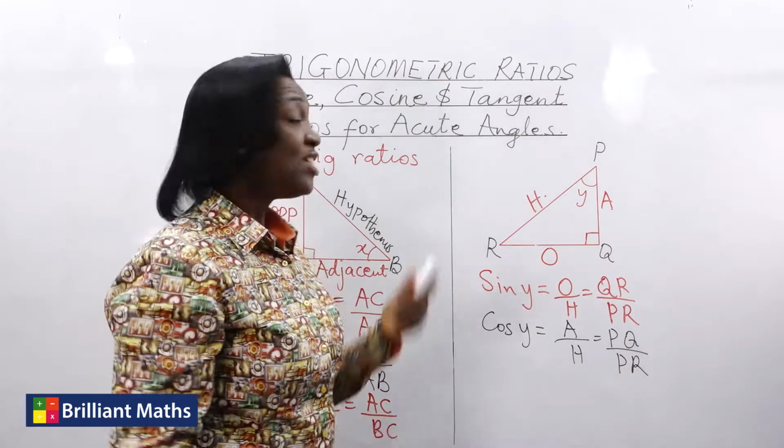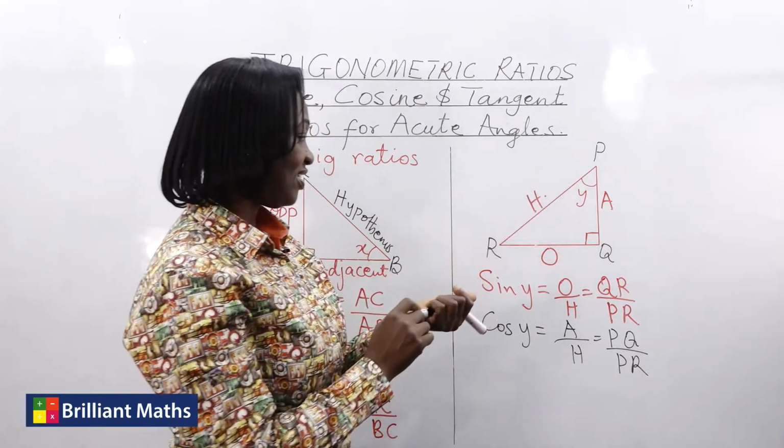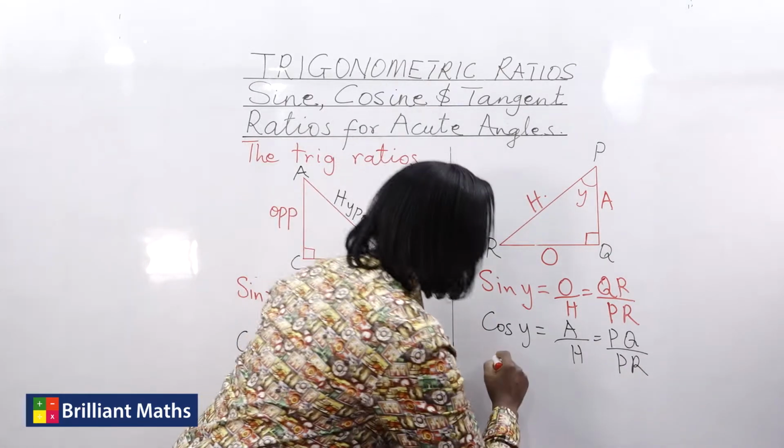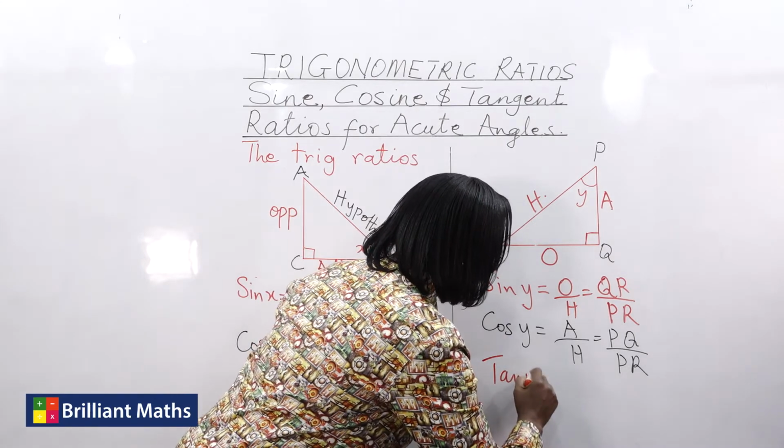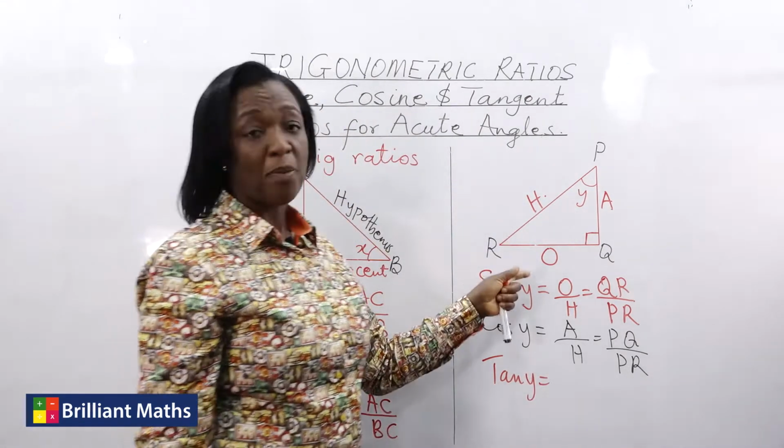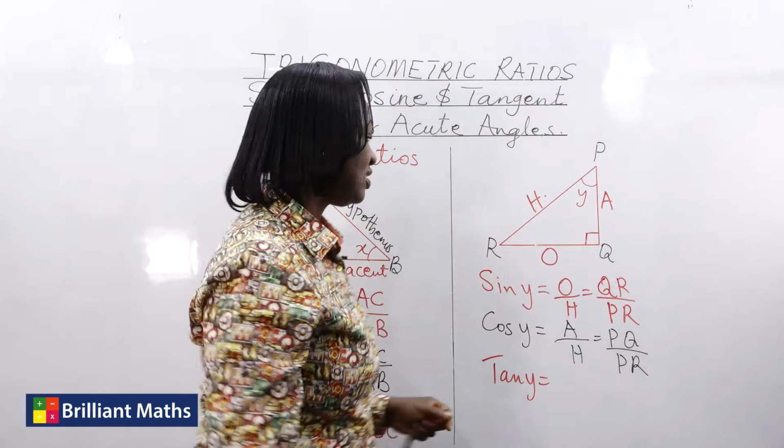And then finally, the tangent of angle Y, tan Y, is equal to the opposite over the adjacent.